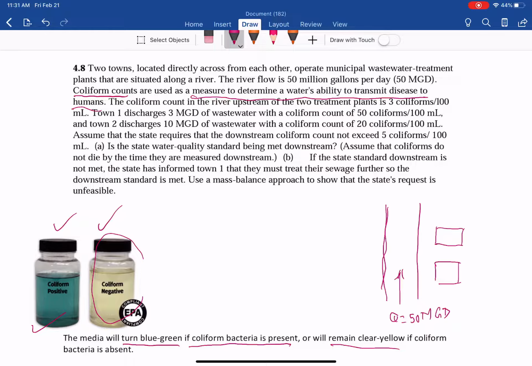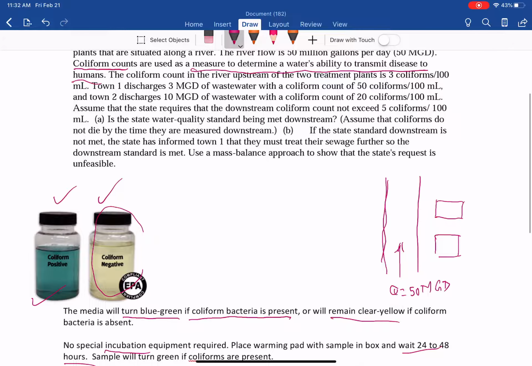The coliform count in the river upstream of the two treatment plants, of course, every town has a treatment plant. They treat their wastewater and they dump it to the river. And of course, if there are organics, they will be advected with the flow of the river.